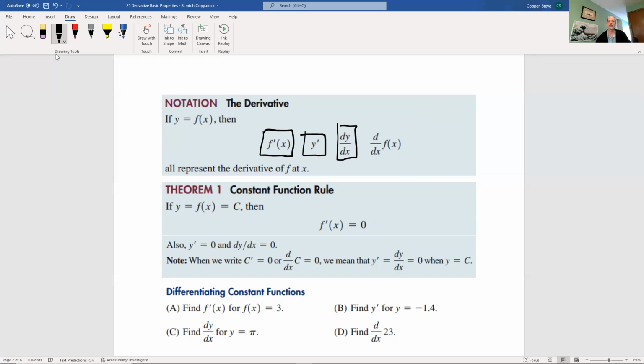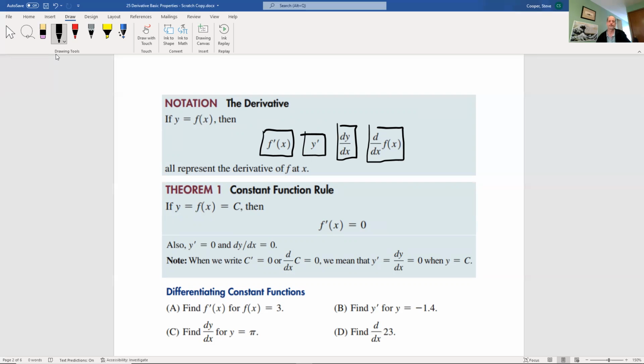We'll learn more about it as we see it. So I can take the derivative using differential notation. I just substitute f of x for the y part. And every one of these is asking for the same thing, so you won't be doing anything different no matter how this is posed to you. You just have to accept that there are many different ways to ask the same question.